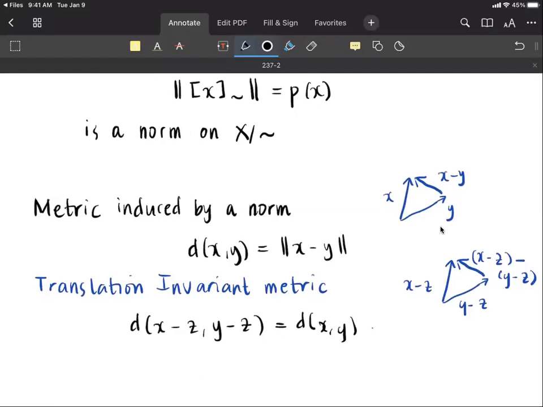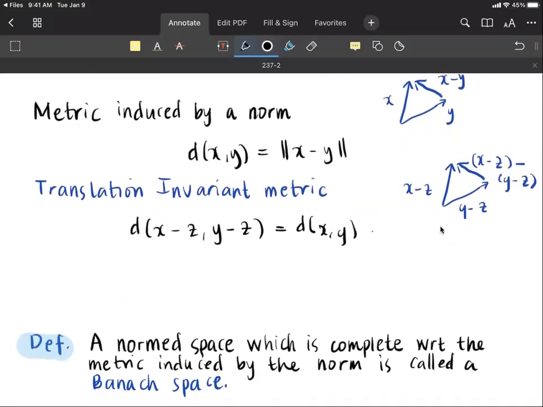And with respect to this metric, if the space is complete, in other words, every Cauchy sequence converges to an element in the space, then it is said to be complete. And then that is a Banach space. So in short, a Banach space is a complete norm space.